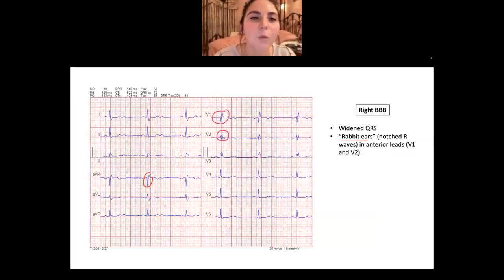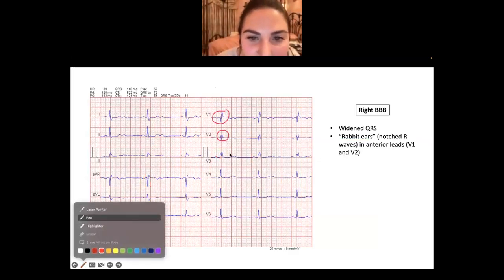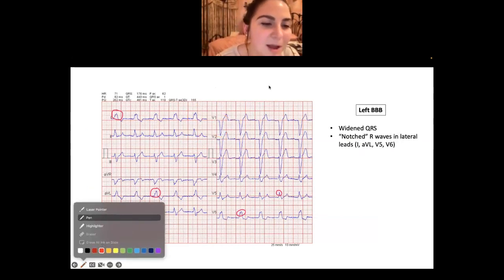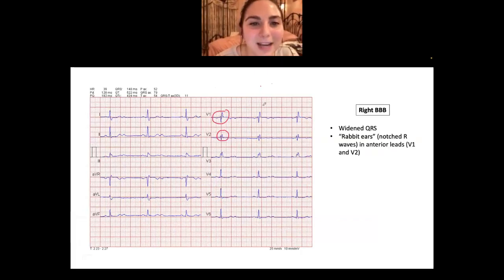So while this widened QRS is a little bit harder to see than on the left side, it's still there. If you don't see the little bunny ears, the notching, it's still pretty wide for a QRS complex. You can notice that this looks a lot more like rabbit ears than the left bundle branch blocks. They straight up just look like little rabbit ears.